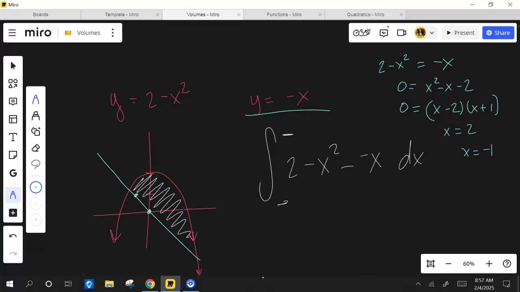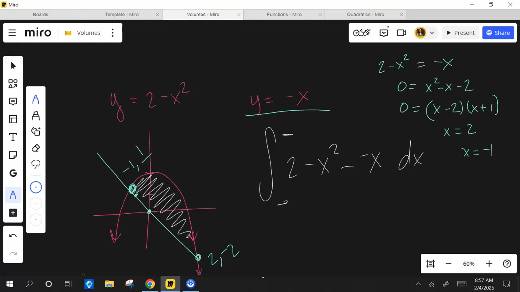Does that make sense on my graph? So I'm going from -1 to 2.